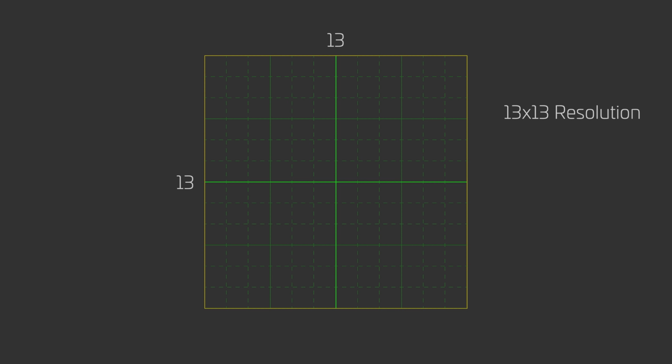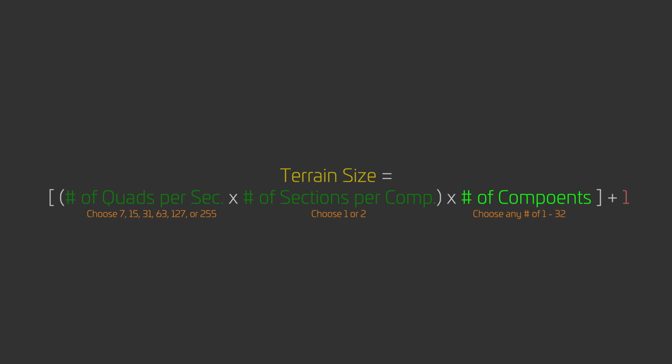To skip all the little nitty-gritty details and to make it easier for you guys to come up with a terrain size that actually works for Unreal, just follow this equation that I've put up here on the screen. So to start off, you have to decide the number of quads per section. And once you have that number based on these predetermined numbers that I have put up here, times the number of sections per component, which as we've learned is either 1x1 or 2x2 sections per component.